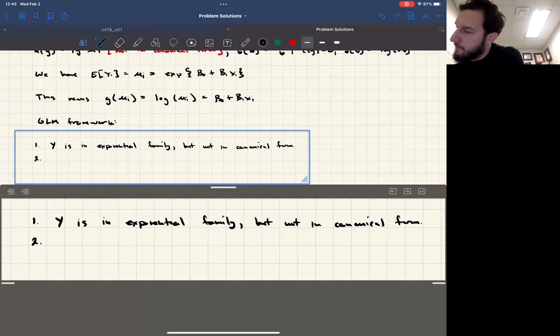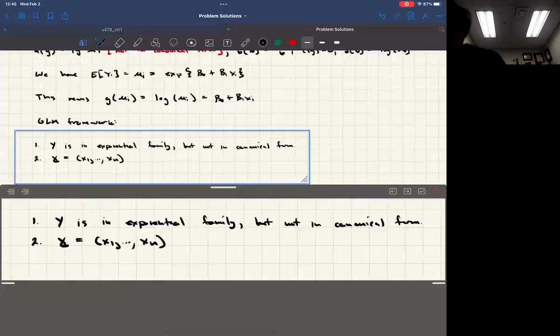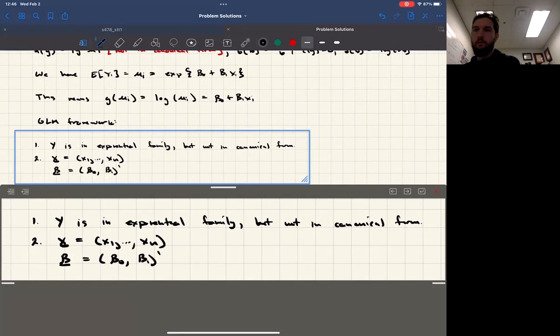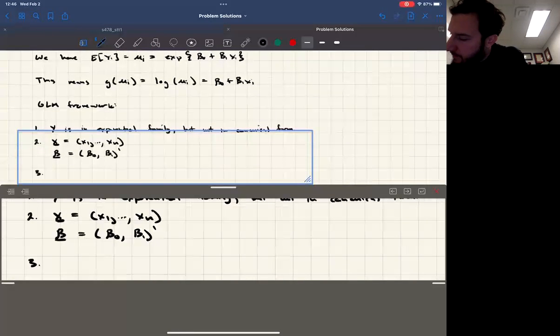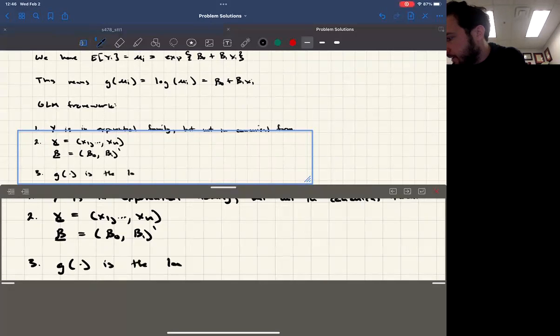So here we have X equal to x1 through xn, and beta is equal to beta 0, beta 1 transpose. And then 3, we have G is the log link.